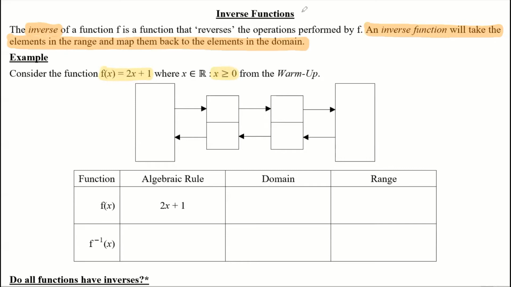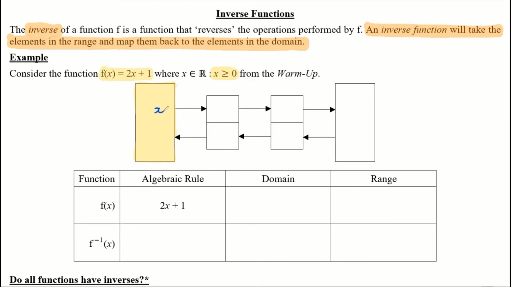So the first box here, this is going to be the domain of my function f. So I'll shade this in yellow. I'm going to try and stick to yellow for domain and green for range. So we take an element from the domain, so some element x, which is specifically greater than or equal to 0. And what are the operations that we are performing?